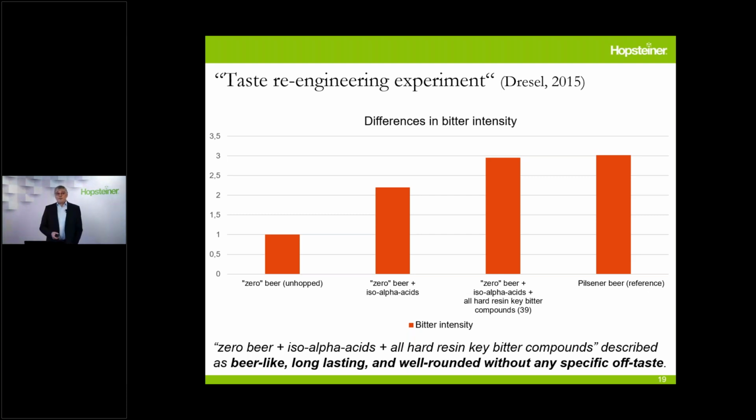And also very interesting, this zero beer with the iso-alpha acids and with all the hard resin key bitter compounds was described as beer-like, long-lasting, and well-rounded without any specific off-taste. So hard resins contribute both to the intensity and to the quality of beer bitterness.